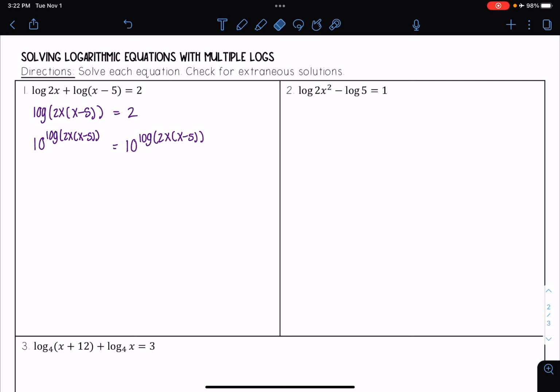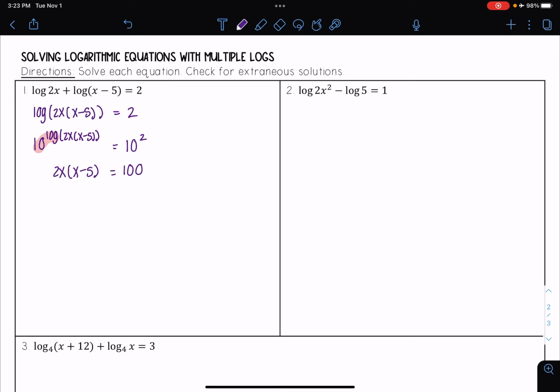Oops, sorry, this right hand side should be 2. And so when I do that, this 10 raised to the log cancels out, so I'm left with 2x times x minus 5 on the left-hand side. 10 squared, I get 100.